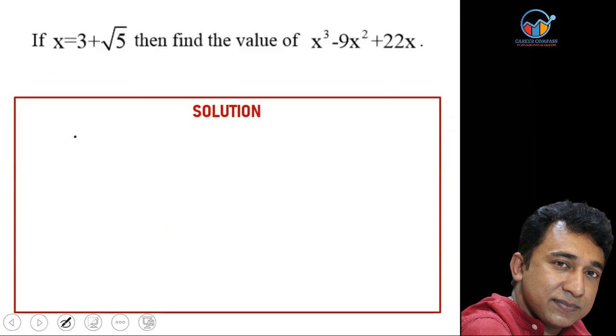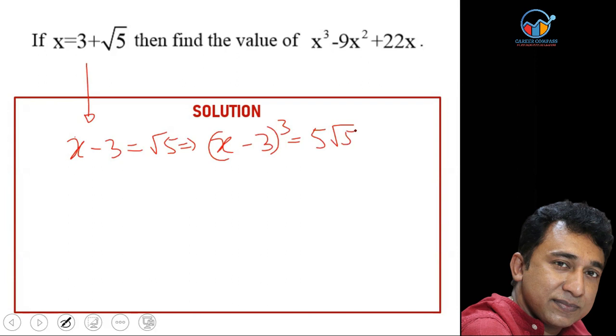So first of all, from this, we can conclude x minus 3 is root 5. So if I cube both sides, I will get (x minus 3) whole cube equal to 5 root 5. So the left hand side can be expanded further, x cube minus 3x square plus 9x minus 27.